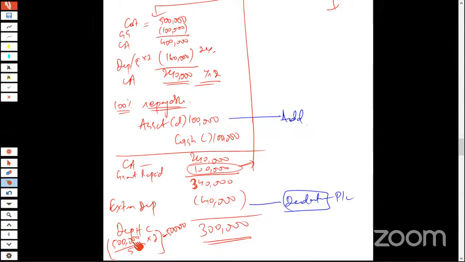Had there been no grant, the accumulated depreciation would have been 200,000, so 300,000 would have been the carrying amount. And the carrying amount right now is 340,000. So the additional depreciation of 40,000 is to be recognized in the P&L. Are you people okay now? This amount is to be added to the cost of the asset. This amount has to be recognized in the P&L.